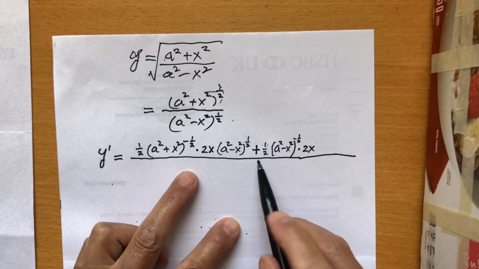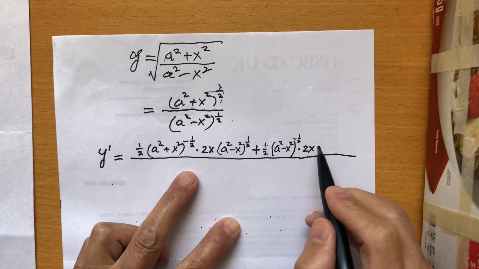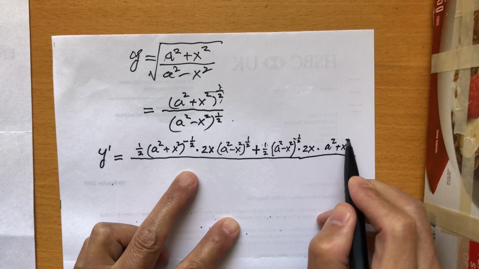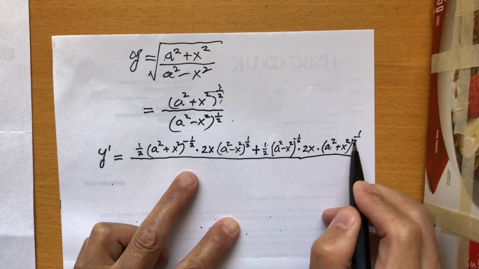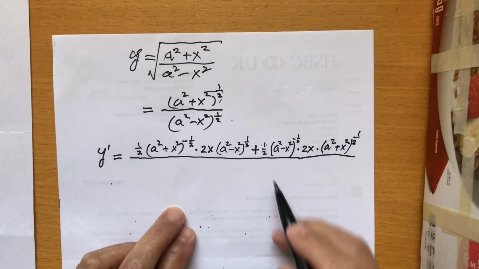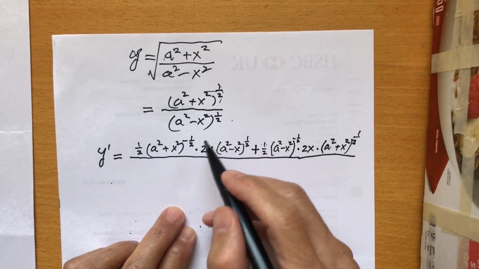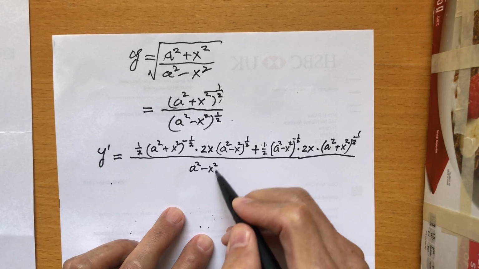Then multiply, this is v prime, I have to multiply u. u is the top. And then divide by v squared. The square of this bottom cancels the exponent 1/2. So I just have this.